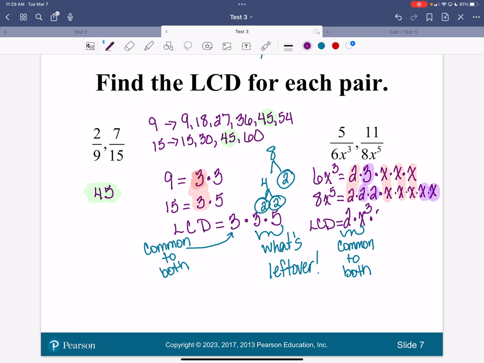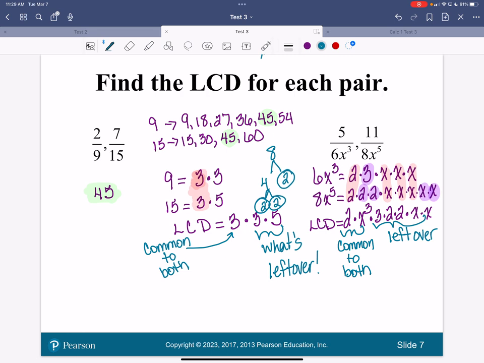So I've got 3 times 2 times 2, and then I have x times x. That is not common to both. This is what's left over. You only write down what's common to both one time. Okay, so I made a mistake there, so you want to be sure you go back and you fix that mistake that I made. Now, my LCD, I multiply all of those together.